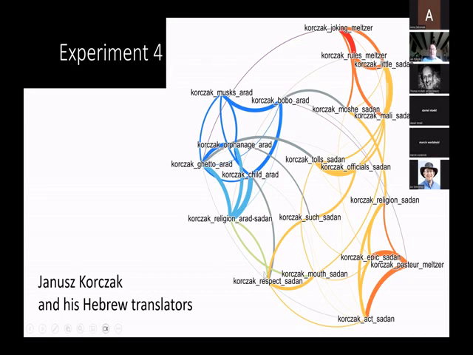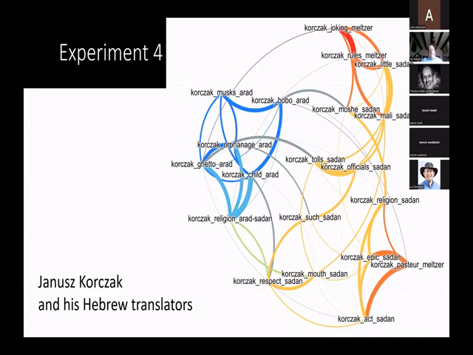That the translations by Sadan are much more varied because the yellow extends over a much greater distance in this diagram, and that the three translations by Meltzer differ very much. But as far as I know my Korczak, I think we're also dealing with differences of genre, which may come in and spoil our view of the translational signal.